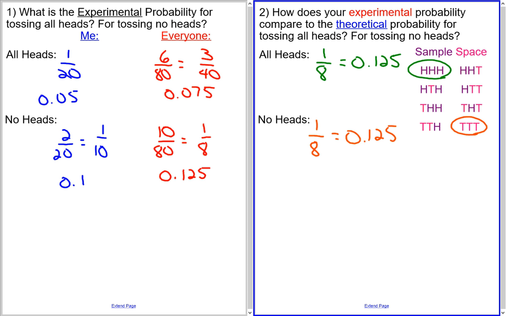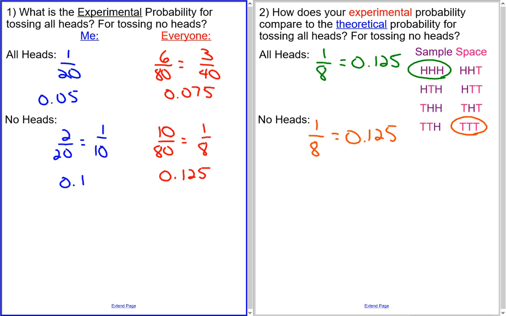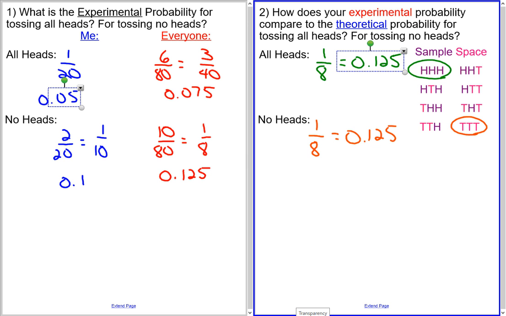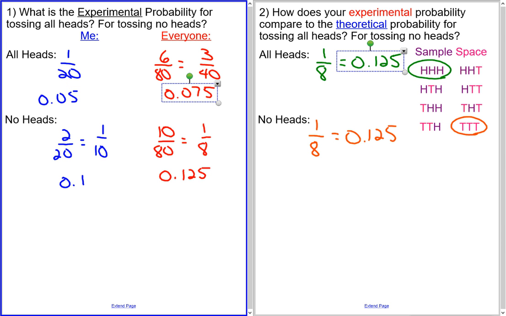So it says, how does your experimental probability compare to your theoretical? Well, if we compared it to mine, let's go to the 1/8 here, and my 1/20th. Well, my probability was much lower in the experimental than the theoretical. So I wasn't as lucky. If you look at all of us together, we still weren't as lucky as probably what we should have been theoretically.